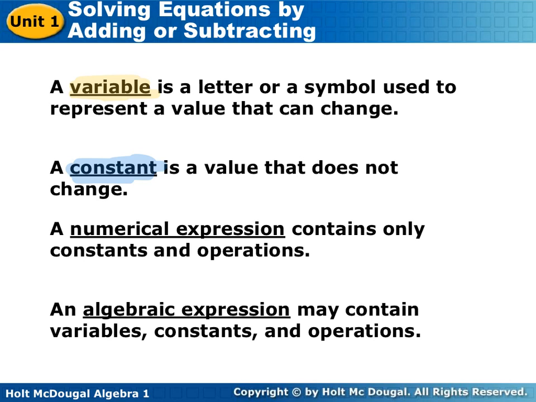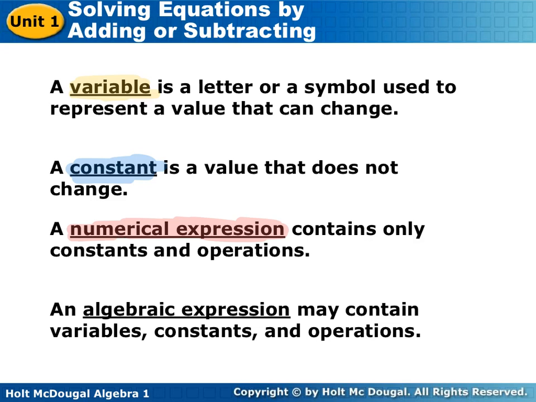Now, the next ones that we're going to look at are some words. A numerical expression contains only constants and operations. So this is a case where all you see is a set of numbers with different operations.